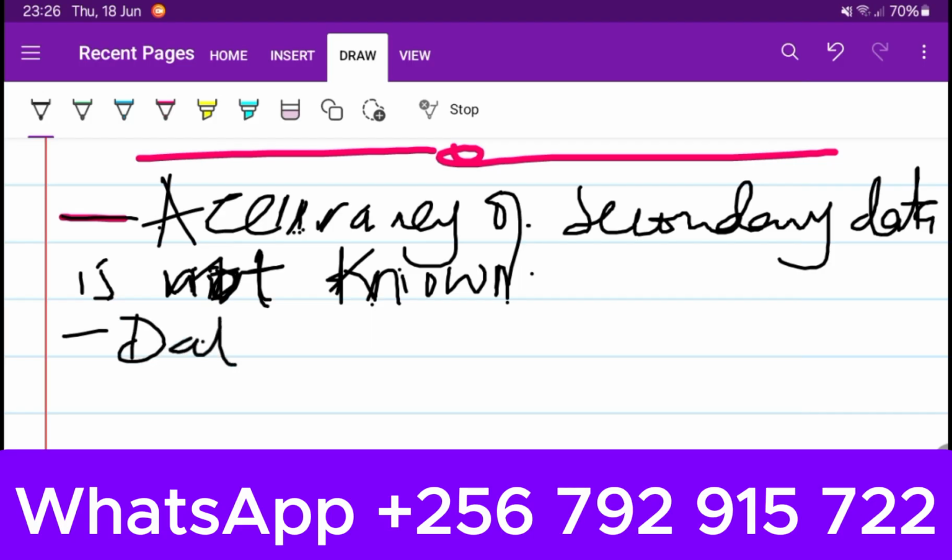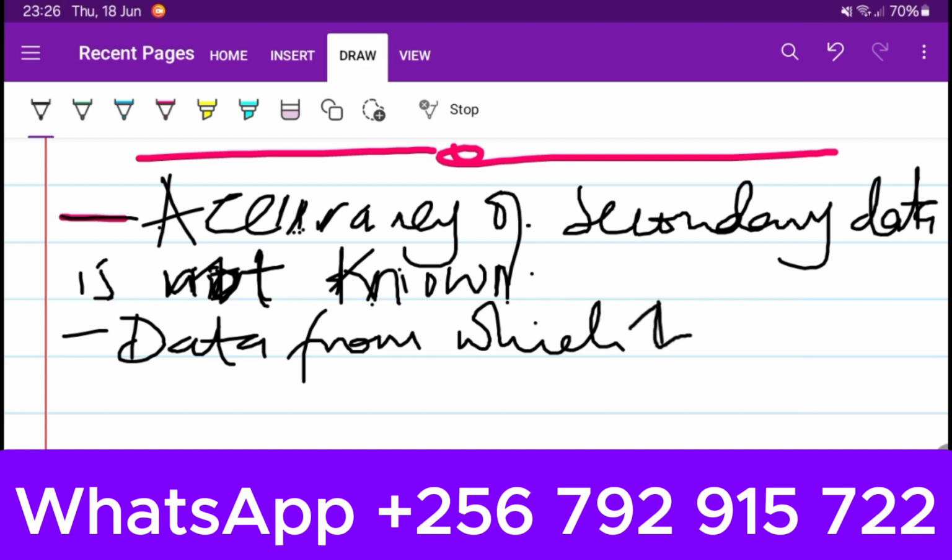The other one is that data from which secondary data is obtained may be outdated.